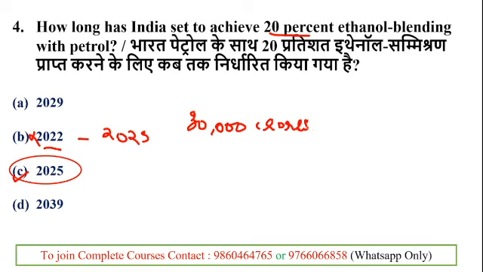So we can get a clear-cut vision that with ethanol blending with petrol, we can achieve more and more advantages related to the environment and also our country's prosperity. So that's the ethanol blending 20 percent goal of India, which is for 2025.